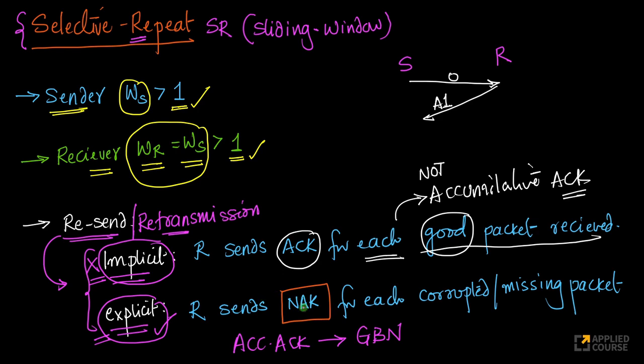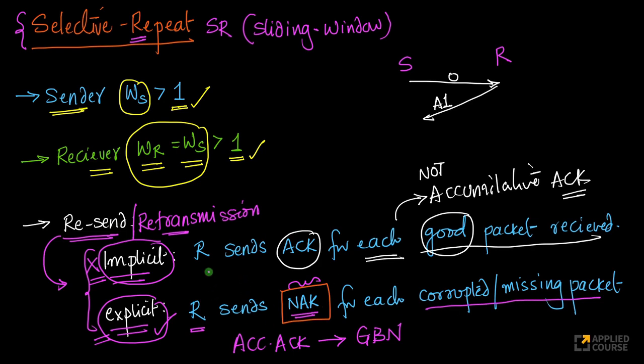But in addition to it, there is something called a negative acknowledgement that we will send. There is a special type of acknowledgement called a negative acknowledgement. The receiver sends a negative acknowledgement frame for every corrupted or missing packet.